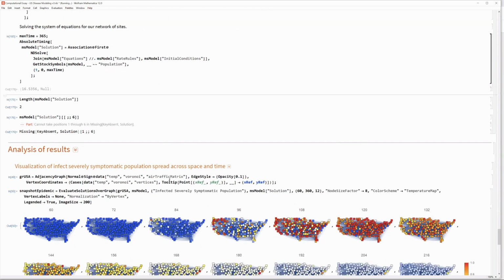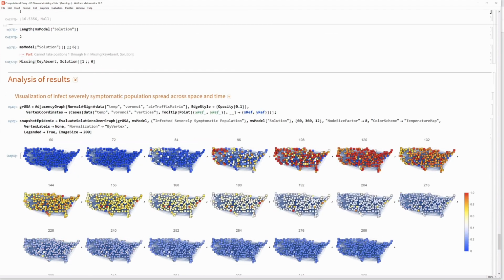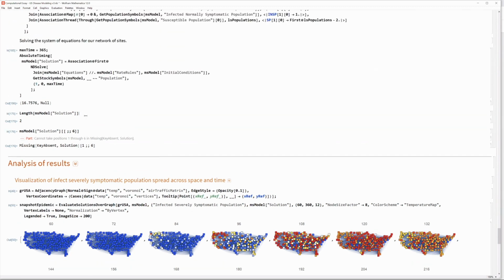One of the things that you can see once you run it is that this model that Anton created allows you to see the infected, severely symptomatic population, and what is the fraction of the population of each node at each given time. Let me see if this works.